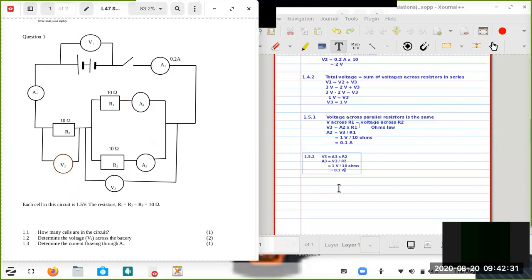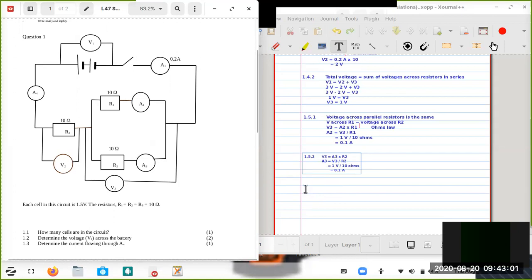When you add those two currents, you get the total current supplied by the source, which is 0.2. All right. If the resistors were different, a different amount of current would flow through them. The higher the resistance, the lower the current that will be allowed to flow through it, right?